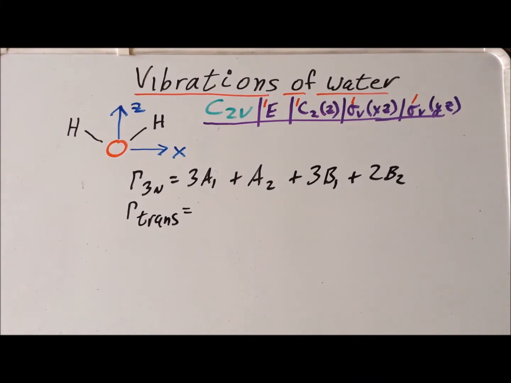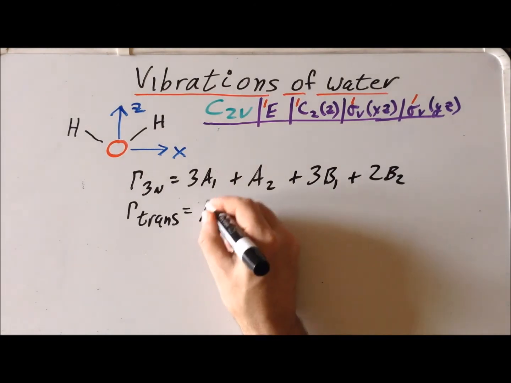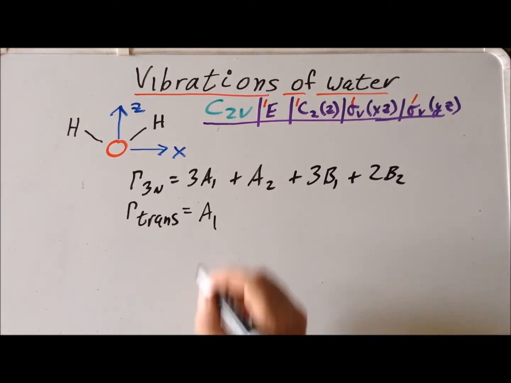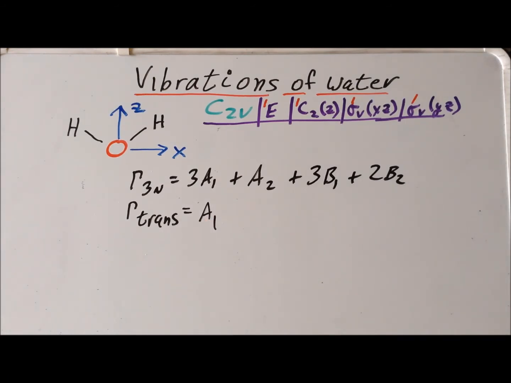And we can recognize those in the character table for C2v as being those irreducible representations whose basis functions are x, y, or z. So we notice in the character table for C2v that the irreducible representation A1 has a basis function z. So therefore it's a translational degree of freedom.